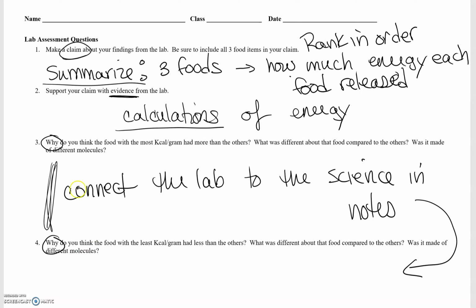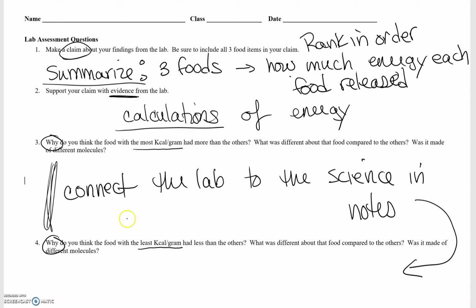This third part here, you are going to try and make a connection between what you learned in the lab, so the food with the most kilocalories per gram of energy and the food with the least, and think about why you think that happened. Why was the food that had the most different from the other foods? Was it made of different molecules?